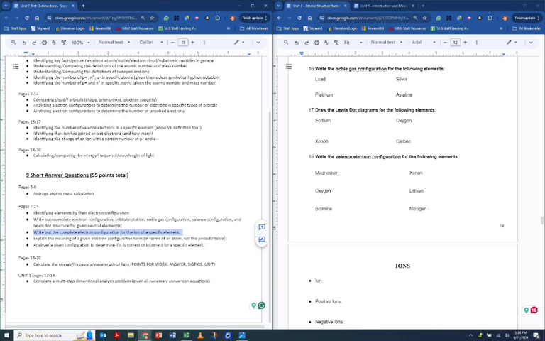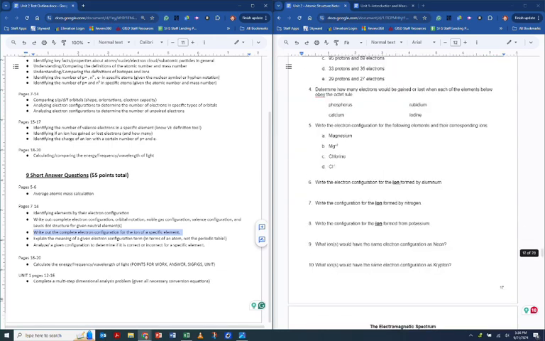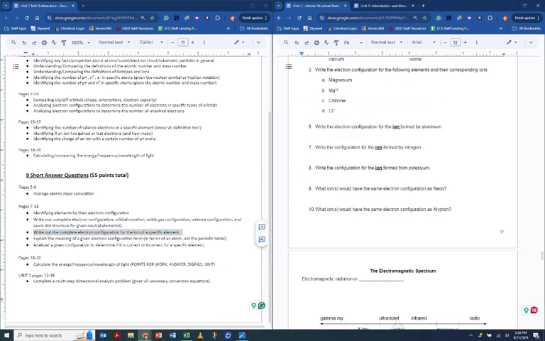And then, like I already implied, you are going to have to write the electron configuration of an ion for a specific element. You're also going to have to explain the meaning of a given electron configuration term. And remember, this is in terms of the atom, not the periodic table. Electron configuration tells us about the arrangement of electrons in an atom, very specific facts about those electrons.